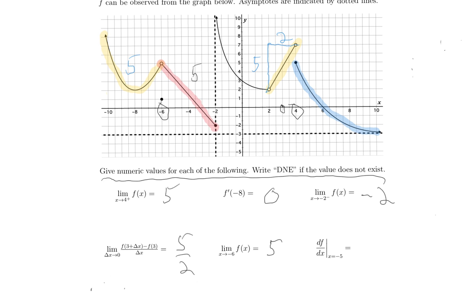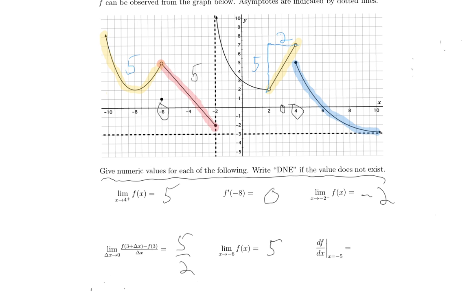Okay. Next, we are told to find df dx at x equals -5. Okay, so to do that, once again, remember when we're talking about derivatives, we are going to be discussing tangent lines.